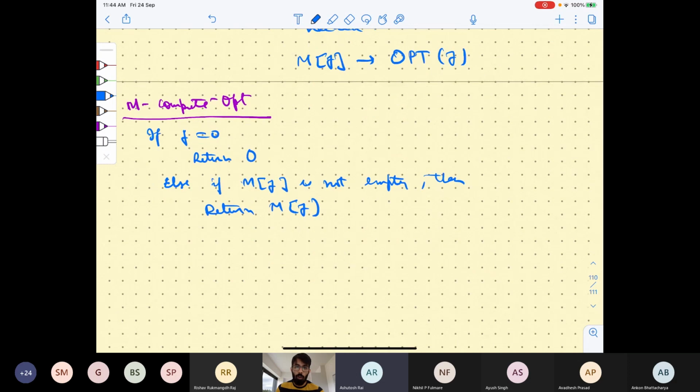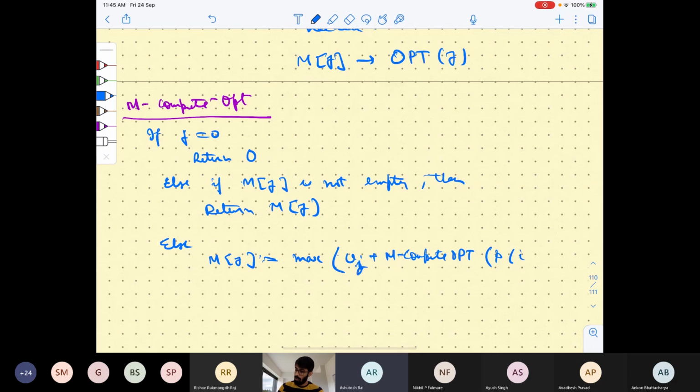So first you check whether you have already computed, else you compute it. And what is it going to be? Again, the same thing, max of v_j plus mComputeOpt of p of j, comma, mComputeOpt of j minus 1, right?